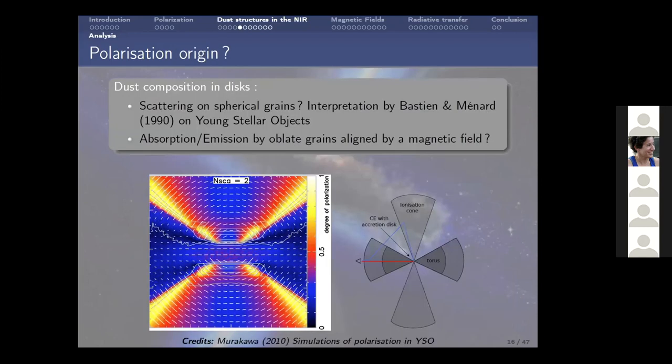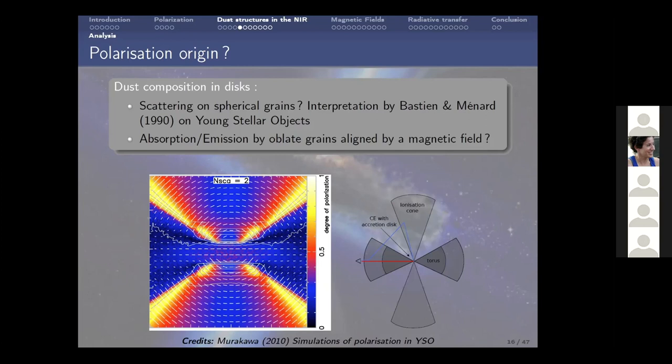And so when we were working with Damien and Daniel to understand this signal at the very center, we found a similar study and similar problem on young stellar objects, with observations of polarization vectors diverging from the expected pattern, especially in the central region of well-defined scattering surrounding the central bright source.